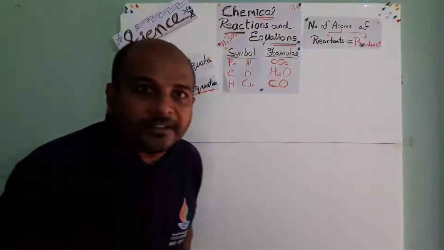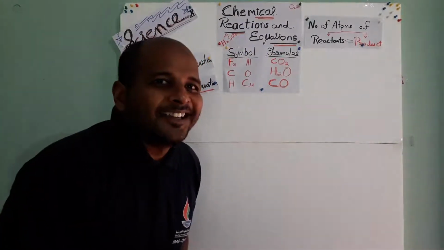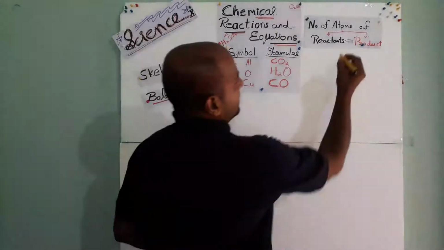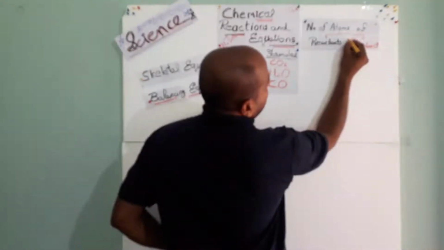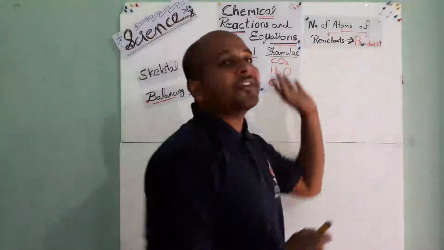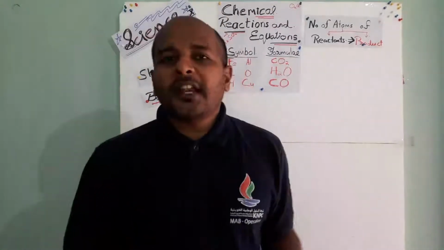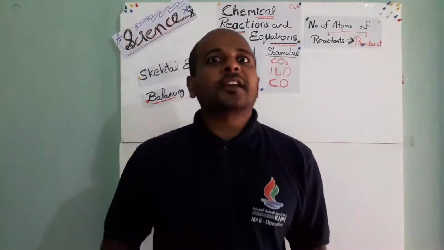And how can we find these reactants and products? There is a special symbol like this one. It's an arrow mark. An arrow mark separates reactants and products. There can be one reactant, two reactants, or multiple reactants during a chemical process.